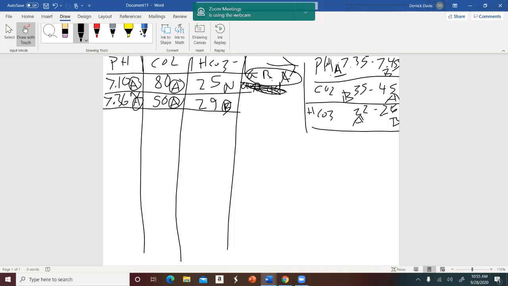Well, this is where the tiebreaker goes to the pH. Which direction does the pH lean? In this situation, the direction leads towards an acidosis. So I have a chronic or compensated respiratory acidosis, because CO2 represents respiratory, bicarb represents metabolic.